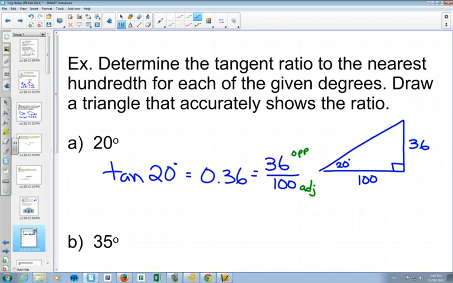Can someone tell me another fraction that's equal to 36 over 100? What would you get if you reduced that?